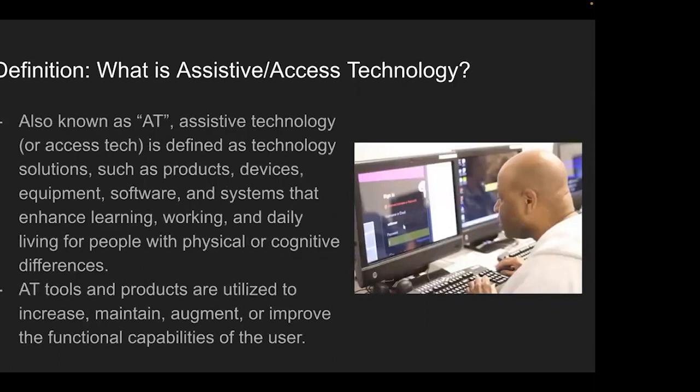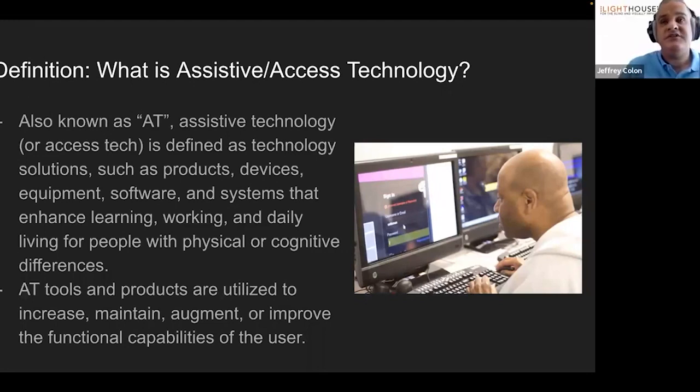Now we wanted to talk a little bit about how access tech or assistive tech is defined within the space. So Jeffrey? Yes, access technology devices are all kinds of services.